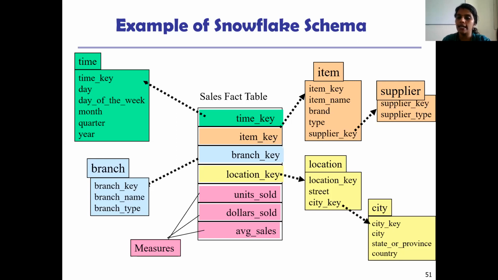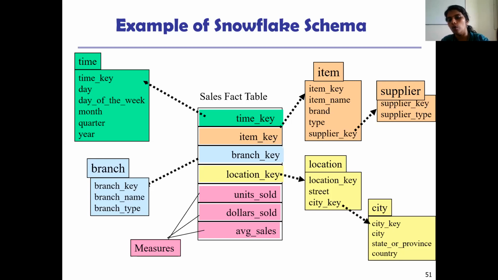So in the earlier example, I told, suppose I have a branch in Bengaluru and Mysuru, I will be saving the same state name twice. Similarly, the same country name twice. To avoid that, what do I do here? My branch location, I will be denoting using a city key, say Bengaluru, Mysuru.